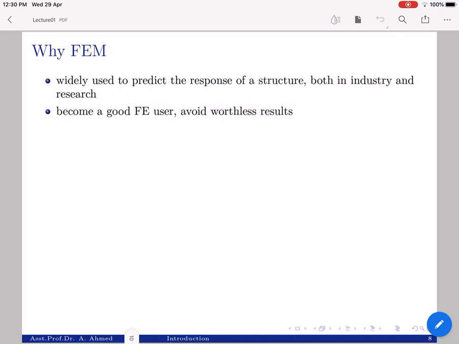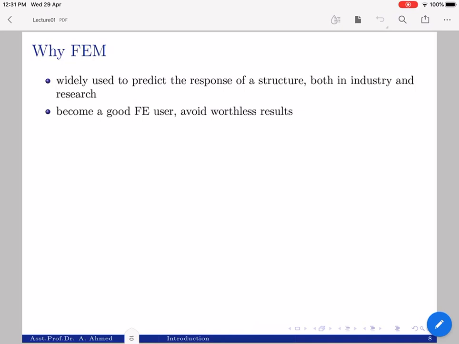Finite elements will give you some results at the end of the analysis, but it's your responsibility to judge whether those results are correct or really representative of the structural behavior or not, because once you understand how the displacements are computed, how the stresses and strains are computed, once you know the basic ingredients, how these different quantities are calculated, then you can tell whether the results are good or not. Maybe you get some results which are very bad, but that may be because you haven't calculated the stresses correctly, right?